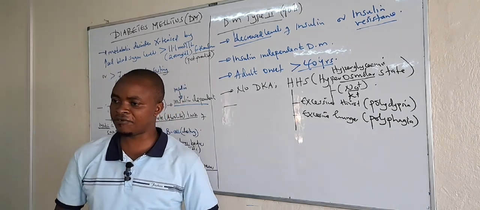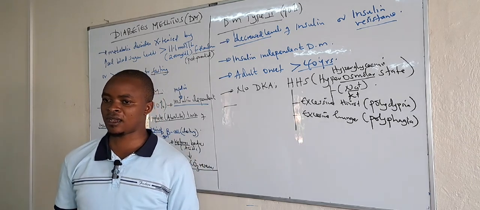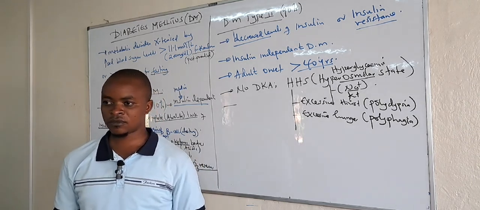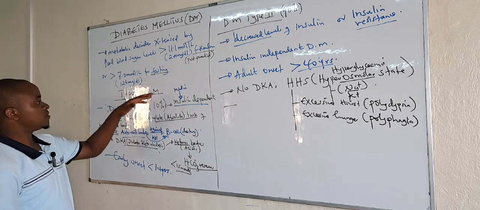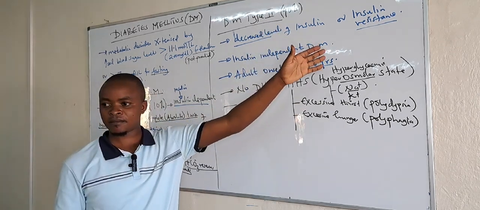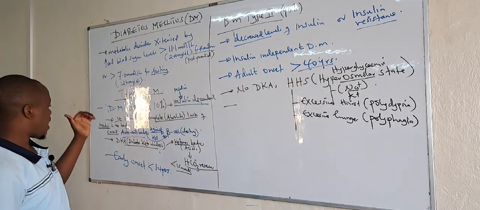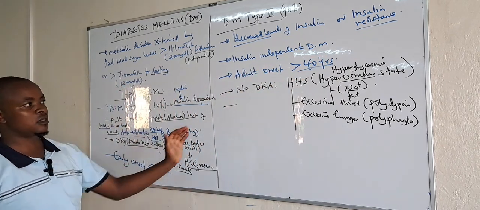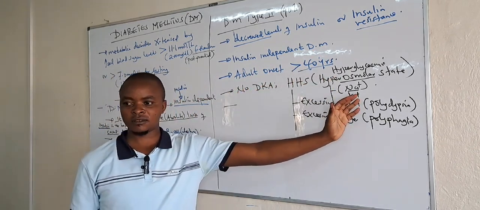So we have seen the differences between type 1 and type 2. Type 1 is 10% of the population, type 2 is 90%. Early onset, adult onset.